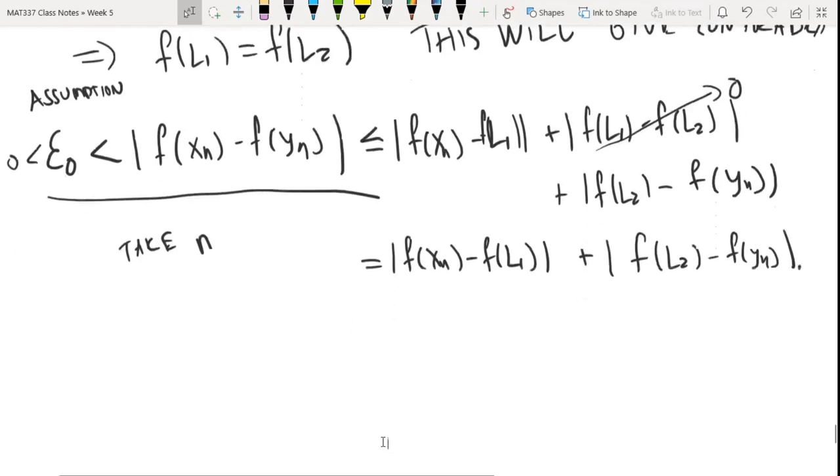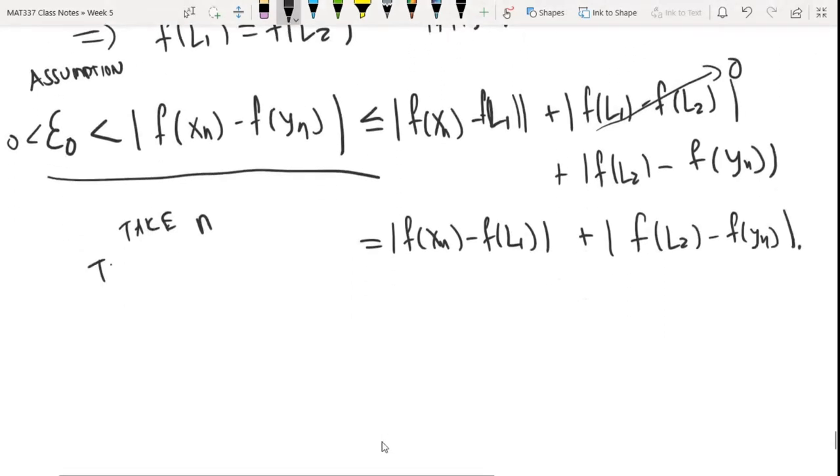And then I think it's clear, take n to be a subsequence.